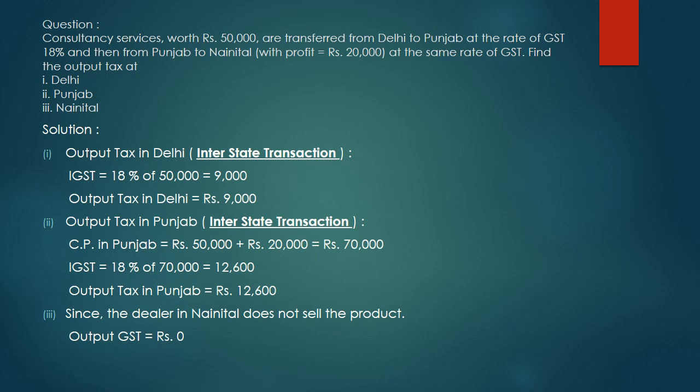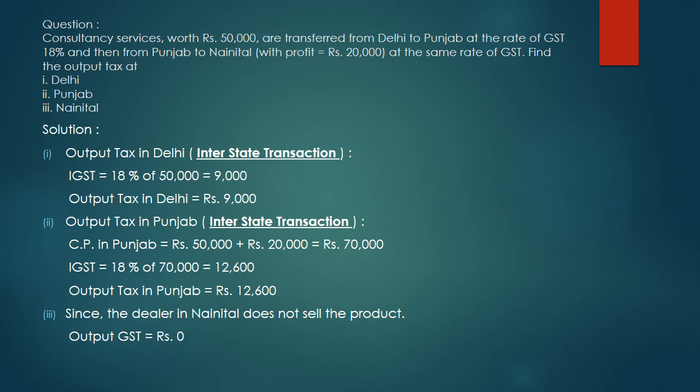At the same rate of GST, find the output tax at first part Delhi, second part Punjab, third part Nainital. So see the solution. First part, output tax in Delhi.